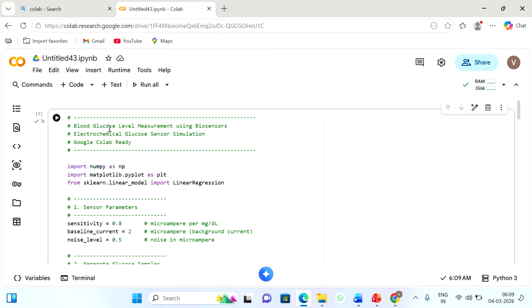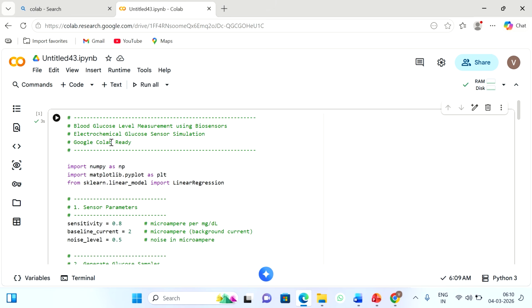This experiment simulates a glucose oxidase, that is GOX, electrochemical biosensor, where glucose reacts with enzyme and produces H2O2. And H2O2 oxidation generates current.